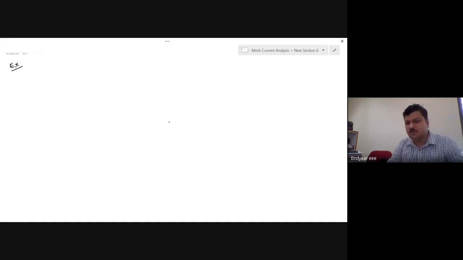One small example we'll look into. Okay, you can take: mesh equations for a circuit are given.